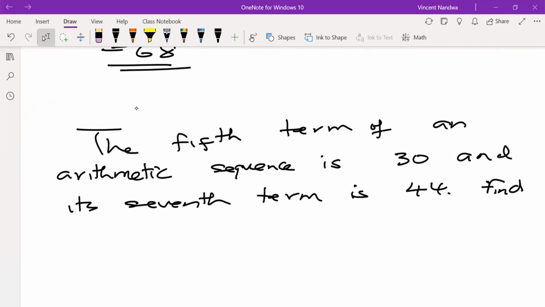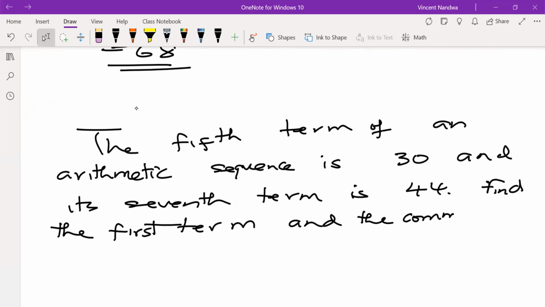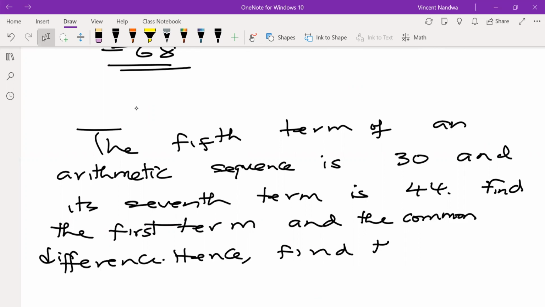Find the first term and the common ratio, common difference, not common ratio, common difference, and hence find the 11th term.